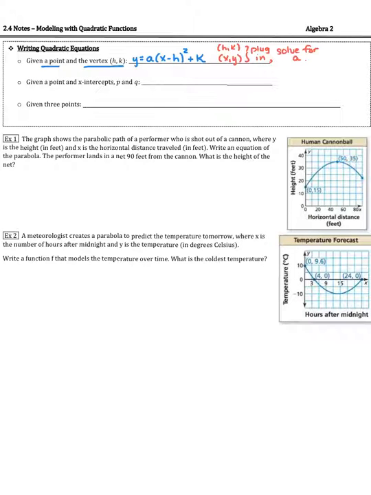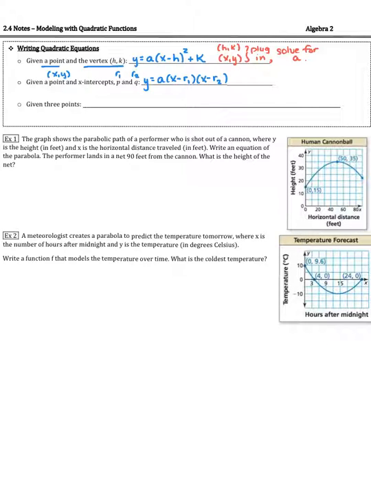The other form we're going to focus on is intercept form. Now, we changed the p and the q to r1 and r2. I know your book uses p and q. And then you are given a point as well, so this will come to you as (x, y). So intercept form is y equals a(x minus r1)(x minus r2). It's sort of like your factored form. Remember where the vertex is halfway between those roots.